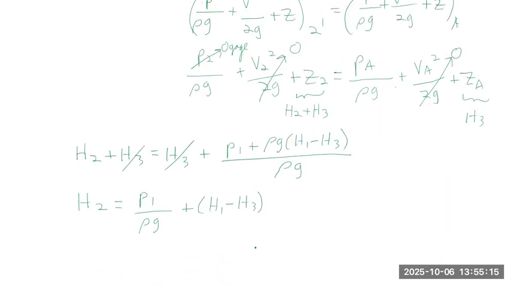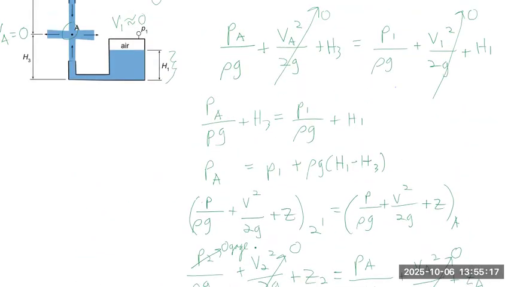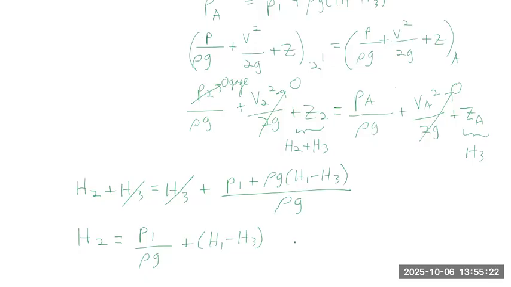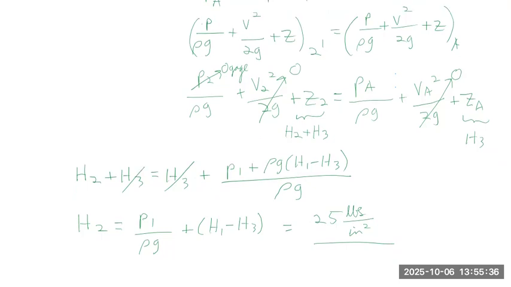We know that P1 is, for instance, 25 pounds per square inch gauge. So it's equal to 25 pounds per square inch gauge over the density of water or the specific weight.